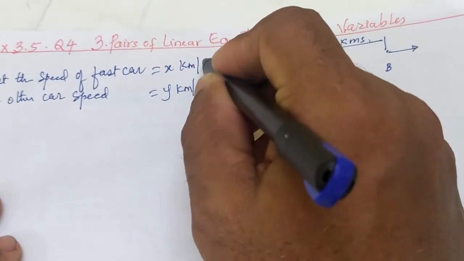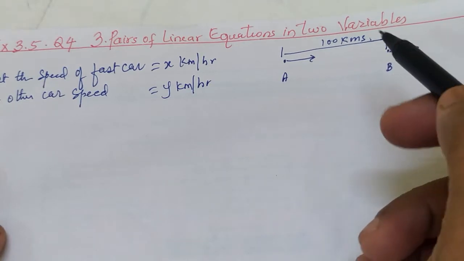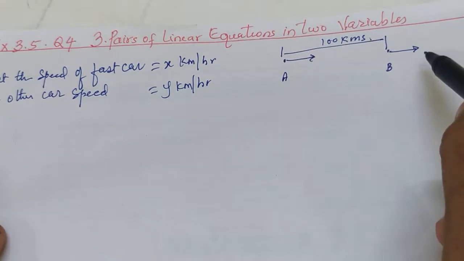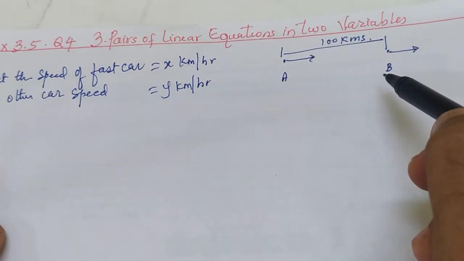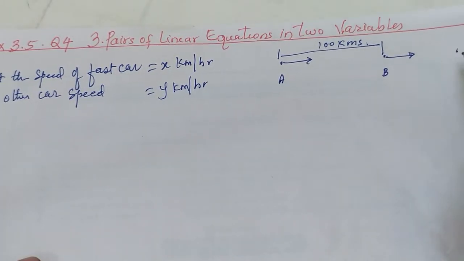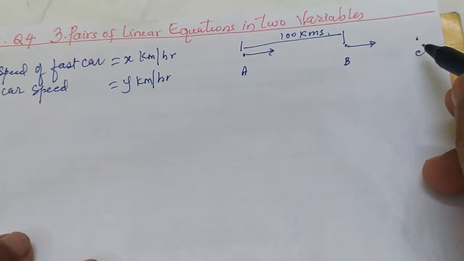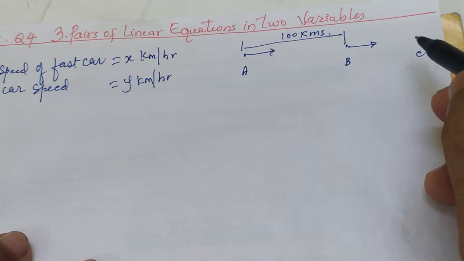This is also kilometers per hour. Now when the two cars are traveling in the same direction with different speeds, they will meet at a point, say somewhere C, and it will take 5 hours for them.